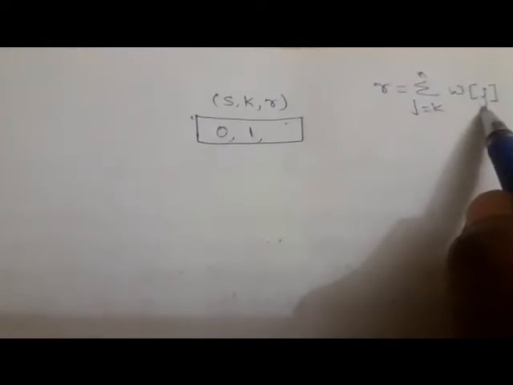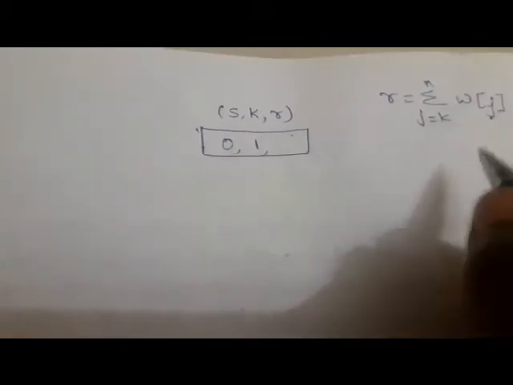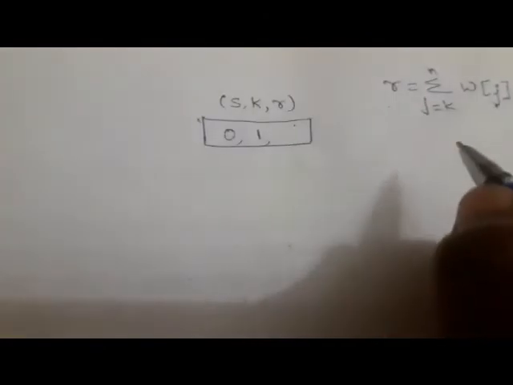The value of R is equal to the summation of j from k up to n of w[j]. It means whatever weight values we have been given, we have to add all of those values: 11, 13, 24 and 7, that is W1, W2, W3 and W4.